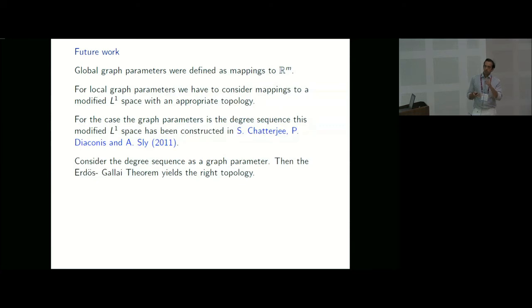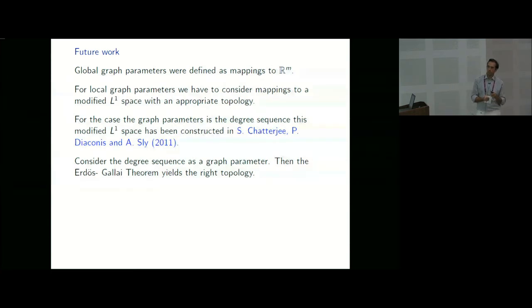I will show a little bit what the idea is behind this and how we can use it. For example, consider the degree sequence, which grows as n, but it also scales as n. You want to identify the functions that can be used as graphons to characterize graphs with a given degree sequence.